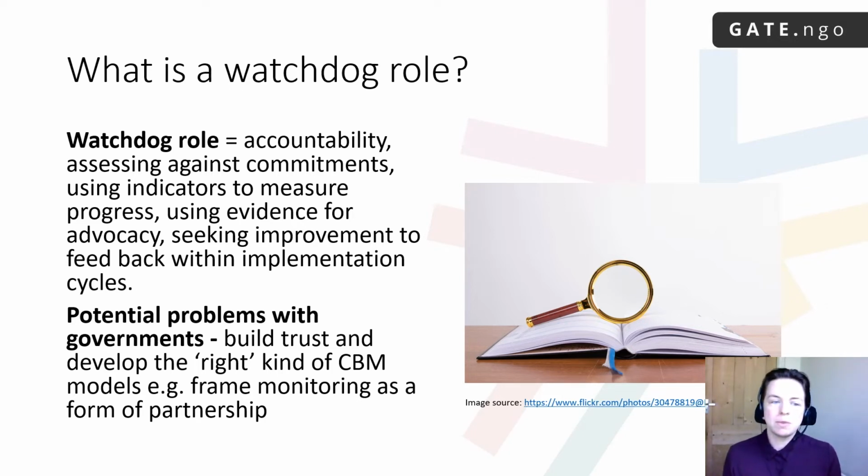Government can sometimes perceive watchdog roles as trying to embarrass or criticize them. And this can result in harassing monitors, people who are undertaking community-led monitoring work, and obstructing that work. So building this trust is important, and sometimes framing monitoring as a form of partnership can help government to become more open to this collaborative way of improving systems.